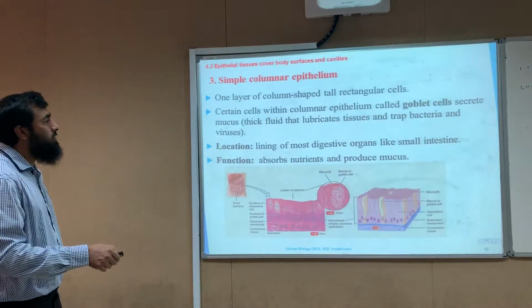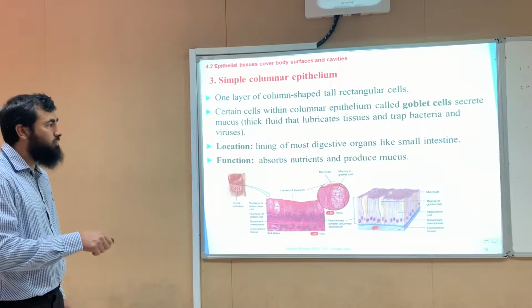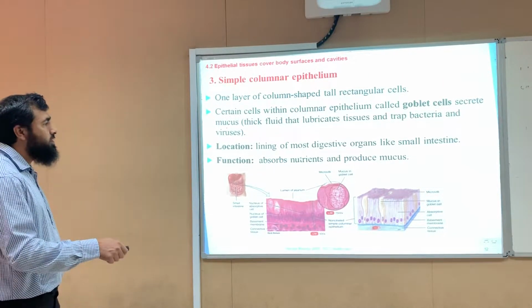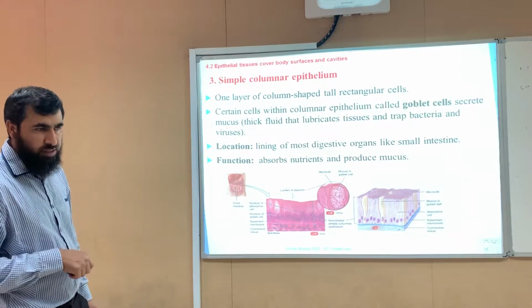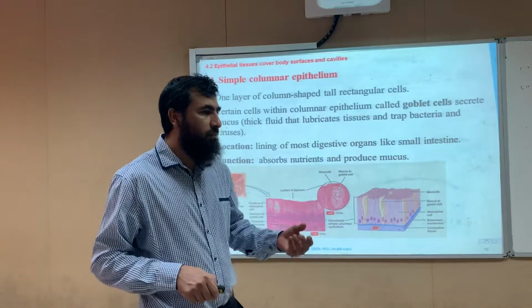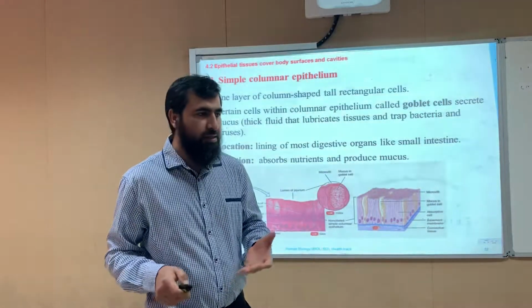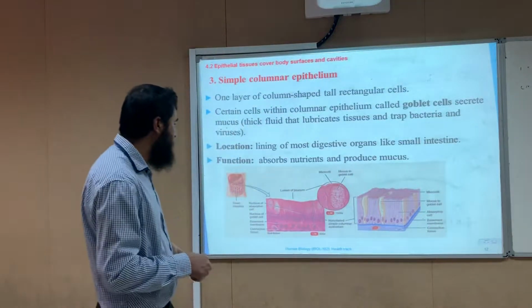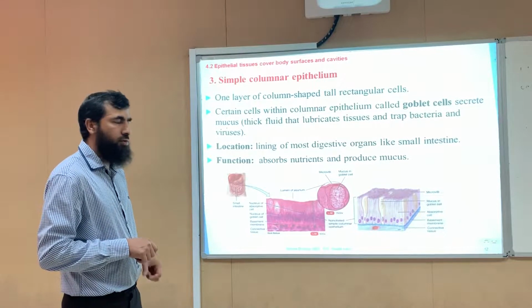So most of the digestive tract is composed of this simple columnar epithelium, just like the small intestine. In this case, it's absorbing nutrients and it produces mucus via the goblet cells. When your digestive system breaks down the nutrients into simple subunits like amino acids and glucose, or fatty acids, they're taken up by the simple columnar epithelia of the small intestine.